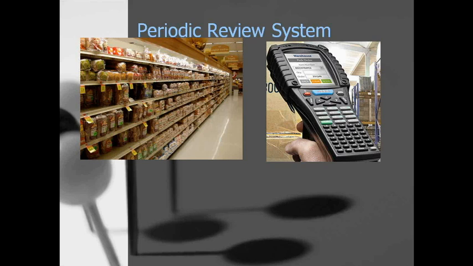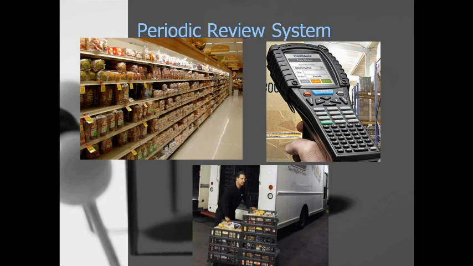He creates an order based on the amount of shelf space they have, how much inventory they want to have of each of the items there. And then after he gets done that inventory, he goes out back, and from his bread truck, he literally pulls the order, goes in, and restocks all of the shelves.